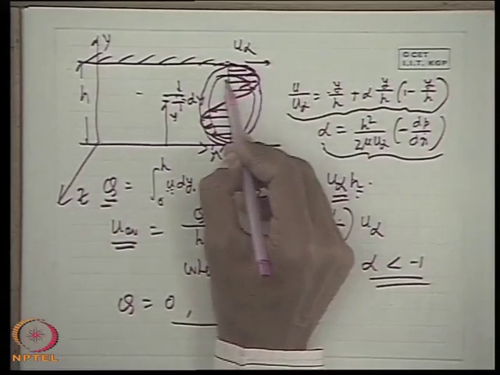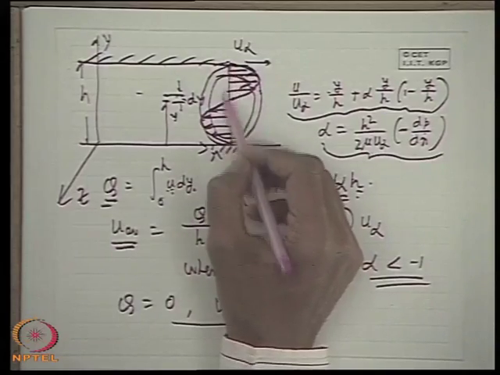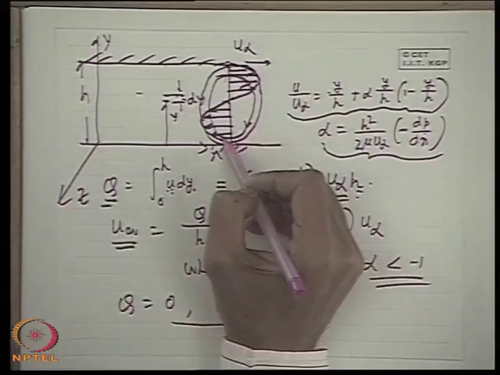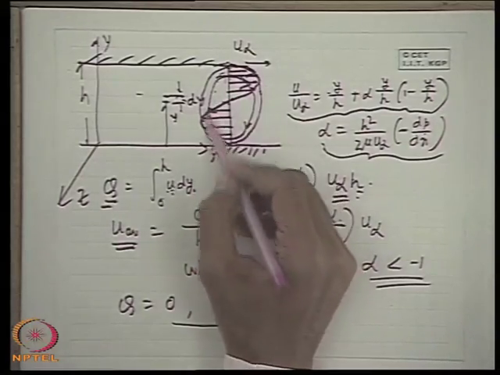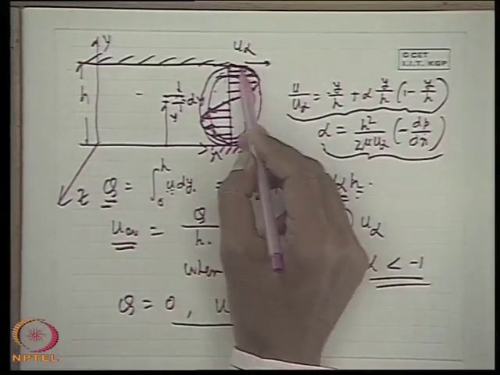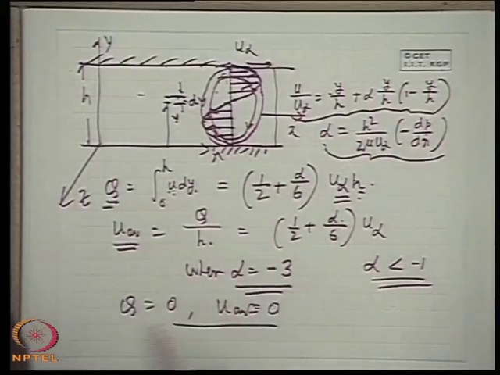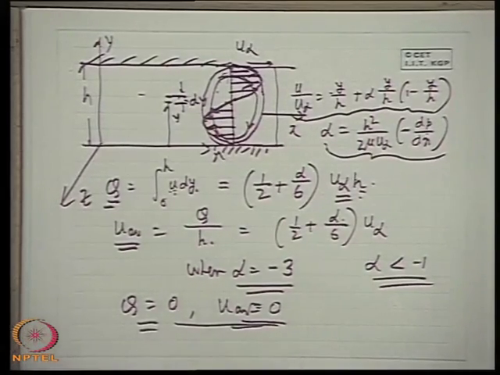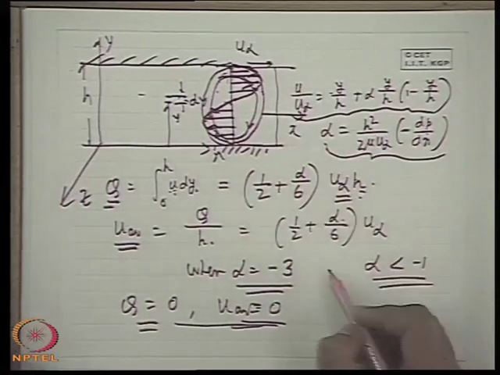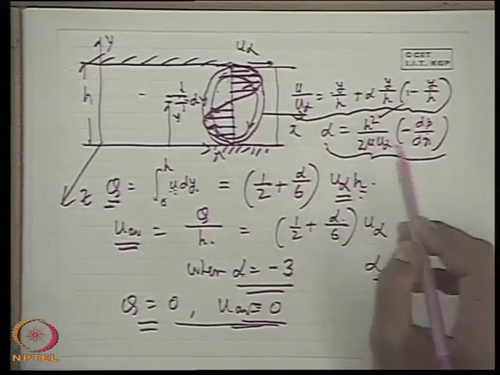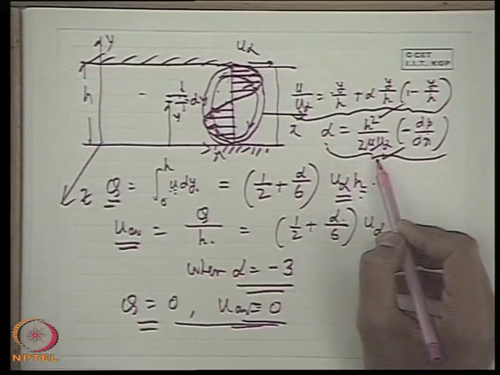The flow goes in the forward direction in the upper part, near the moving plate, and the flow goes in the opposite direction near the fixed or lower plate. So a local recirculatory flow takes place, so that there is no net flow in the x direction, where the flow rate or the average flow velocity becomes 0. That is one interesting fact. This is attained when the value of alpha is minus 3, for a given value of h, u infinity and mu, the liquid viscosity.